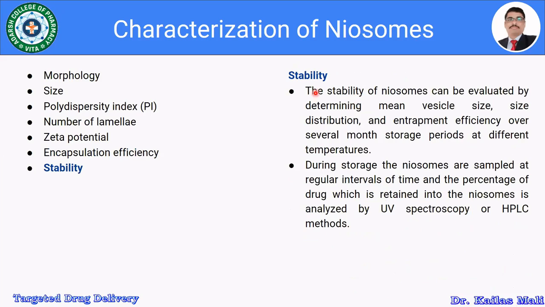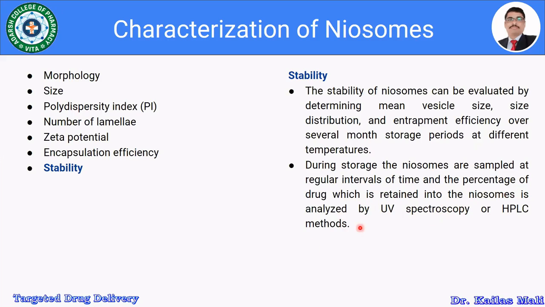Let us see the stability of the Niosomes. The stability of the Niosome can be evaluated by determining the vesicle size, size distribution, and entrapment efficiency over several months of storage period at different temperatures. During storage, the Niosomes are sampled at regular intervals of time, and the percentage of drug which is retained in the Niosome is analyzed by spectroscopy and HPLC methods.